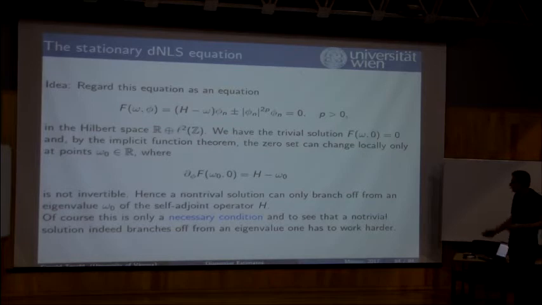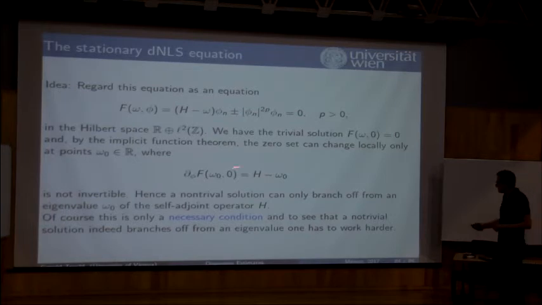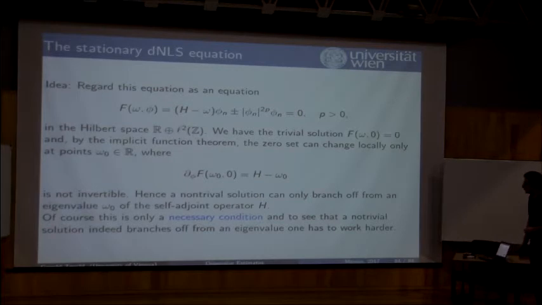If this operator has no kernel but is just not surjective, then also we cannot apply the implicit function theorem, at least not the version we have seen before, and something could go wrong. But I'm just looking at the case where it's not invertible. So this is the assumption I'm making. I'm going to look at an eigenvalue and I'm trying to find out what is going on at this eigenvalue.